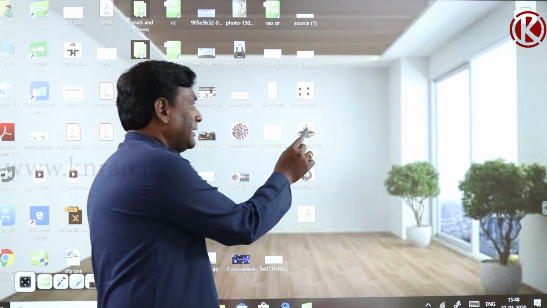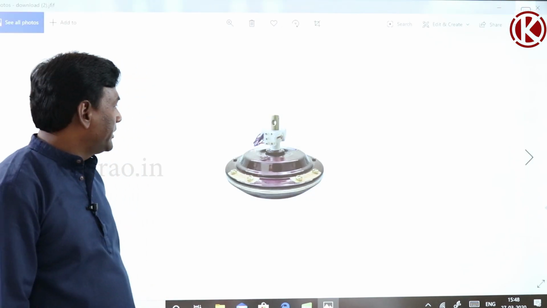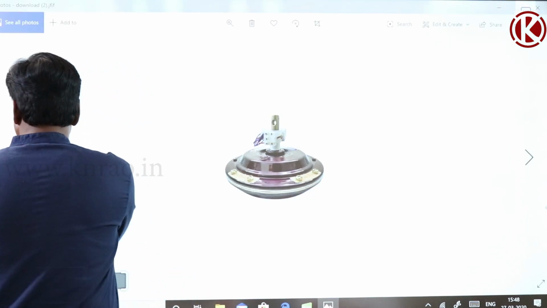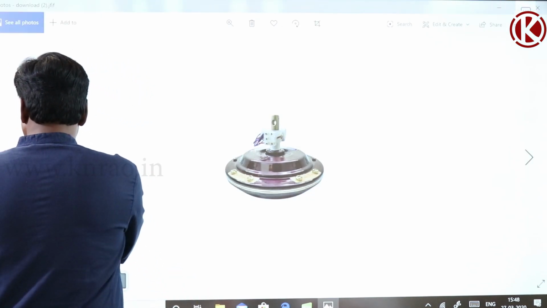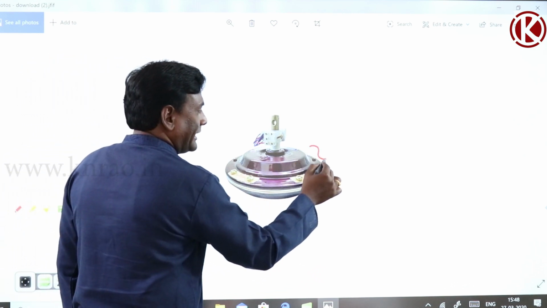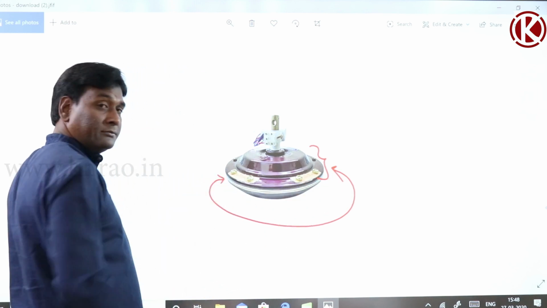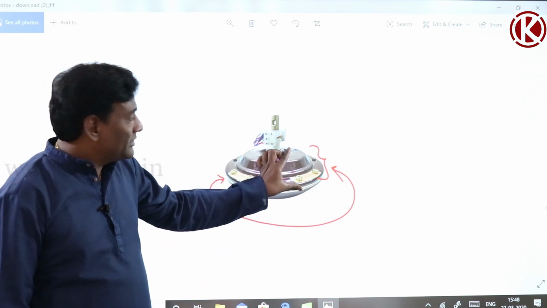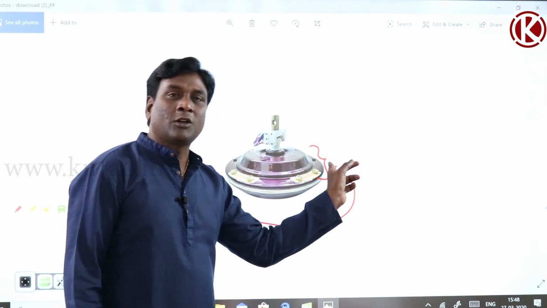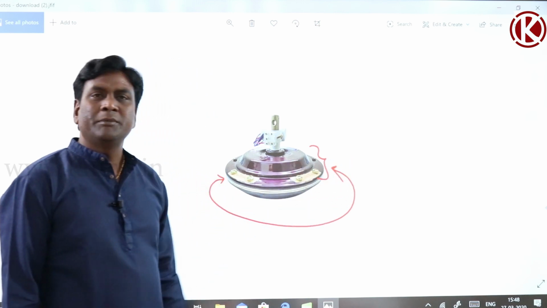Let us see shaft length. If you see here, this is the active length of the shaft and this is the diameter. The active length of the shaft is less and diameter of the rotor is more because it's a machine.